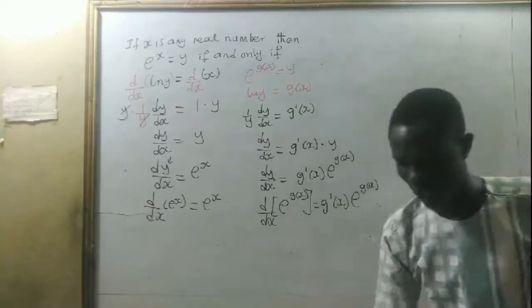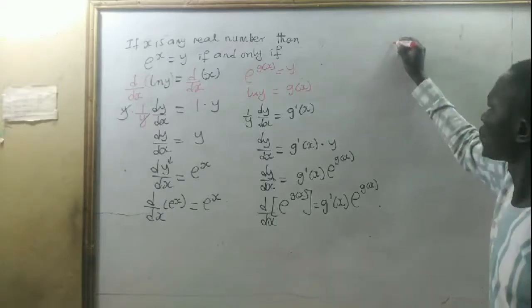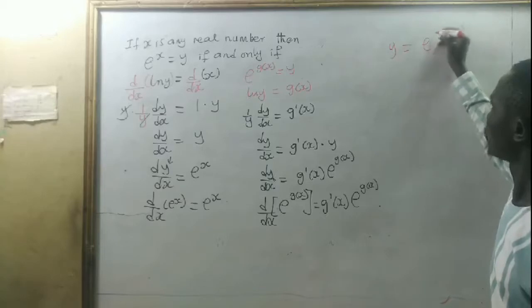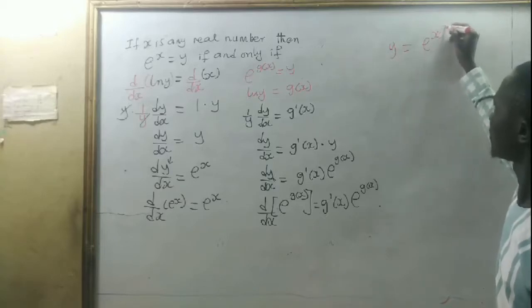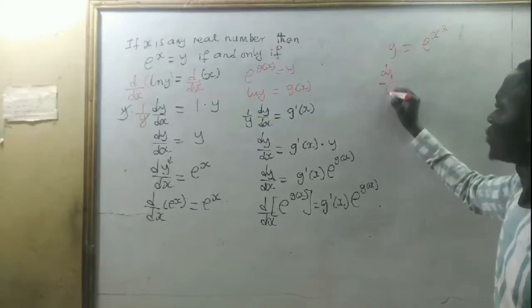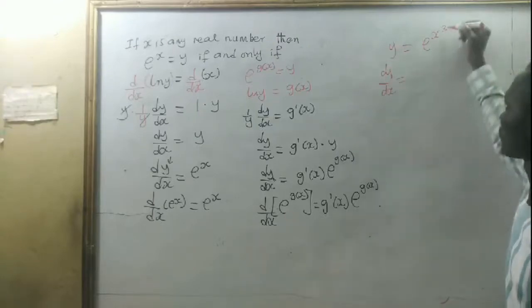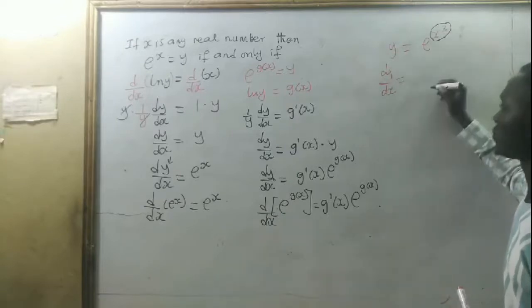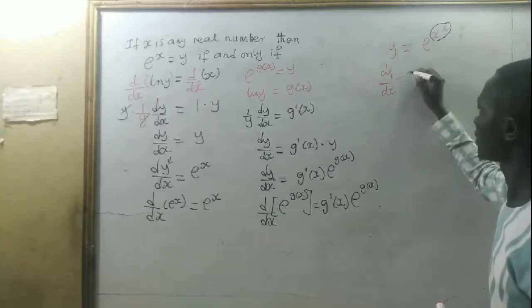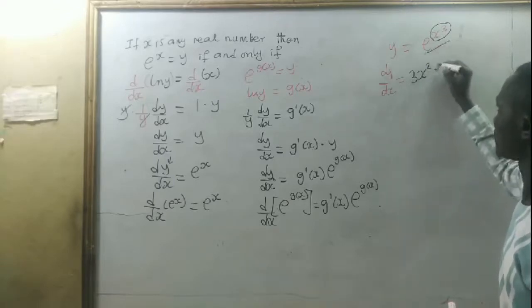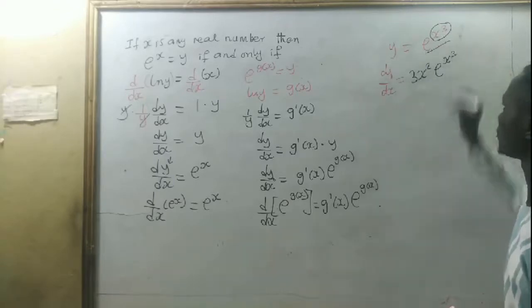Now the next example is if I have y equal to e to the power x cubed. So we have the derivative of y with respect to x equal to, we take the x cubed and differentiate it to get 3x squared and multiply by the original function e to the power x cubed.